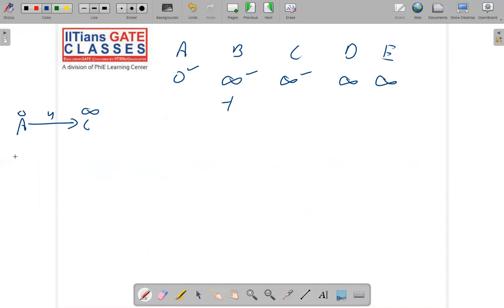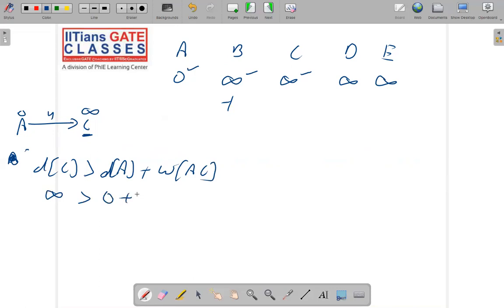Then let's see the condition. We are going to calculate distance for C. D of C is greater than D of A plus edge weight of AC. So D of C is infinite, which is greater than 0 plus 4. Infinite is greater than 4, so we will update C to 4.